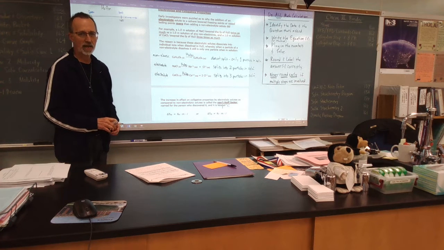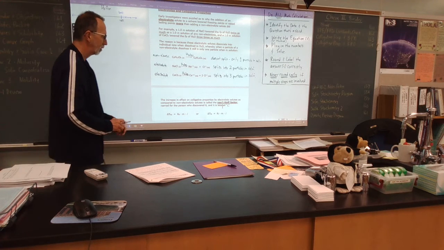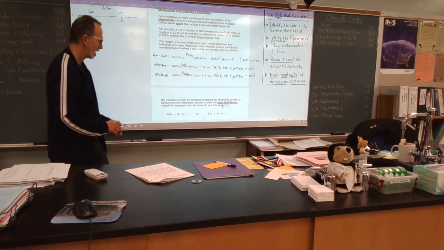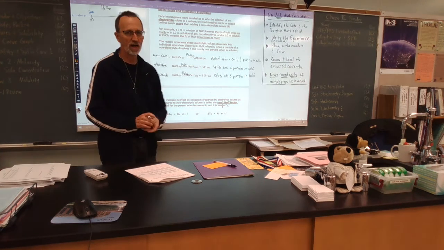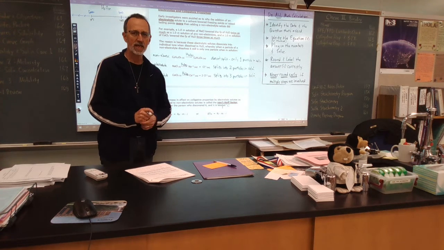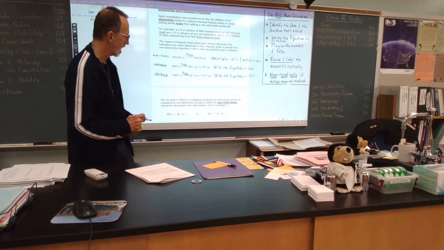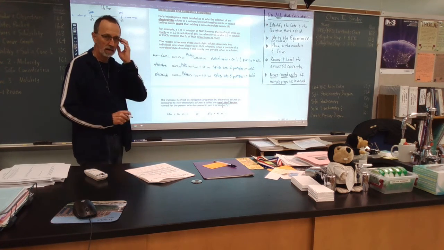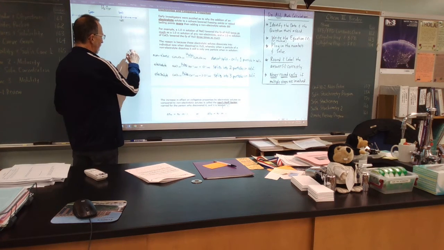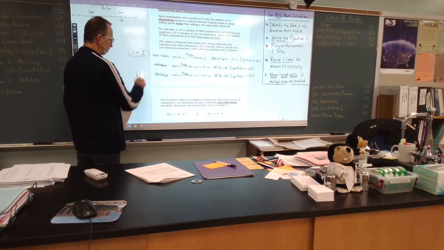The increase in effect on colligative properties by electrolyte solutes as compared to non-electrolyte solutes is called the Van Hoff factor. The Van Hoff factor, named for the person who discovered it, is labeled i. It's kind of an italicized lowercase i. So if we look back up here, any non-electrolyte solute has a Van Hoff factor or an i factor of 1.